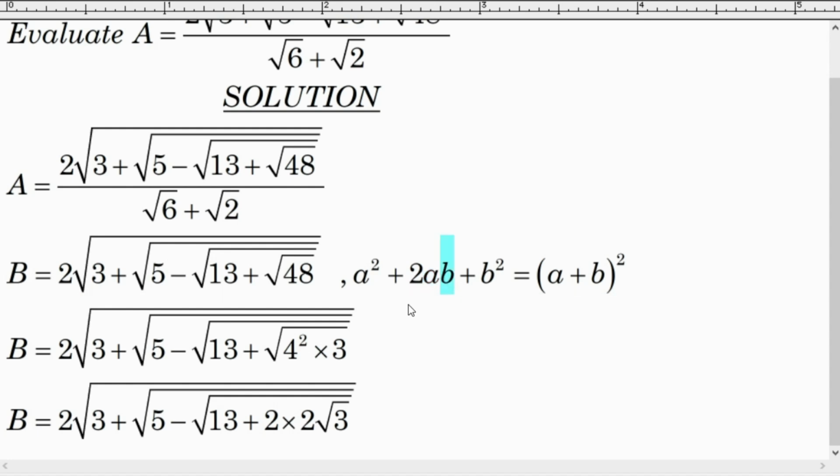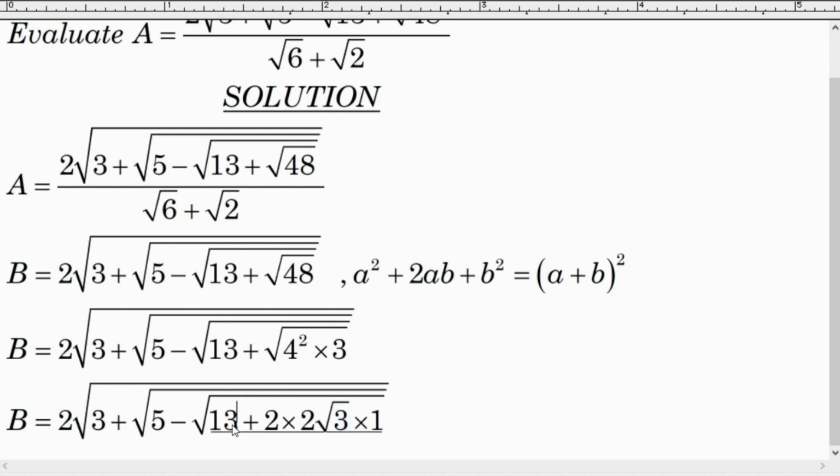Let's say this is a, and then b is equal to 1. So a equal to 2 square root of 3, and the value of a square will be 2 square root of 3 all raised to square.